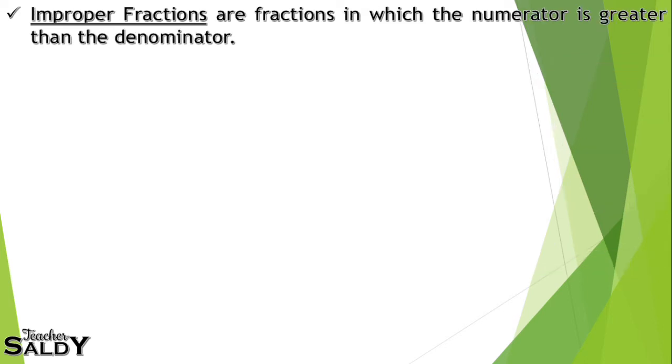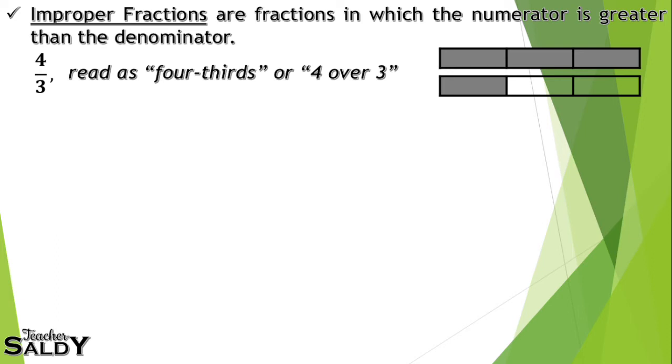Next is what we call improper fractions. So these are the fractions in which the numerator is greater than the denominator. So vice versa on the proper fractions. Let's have examples. 4 over 3, or read as 4/3.